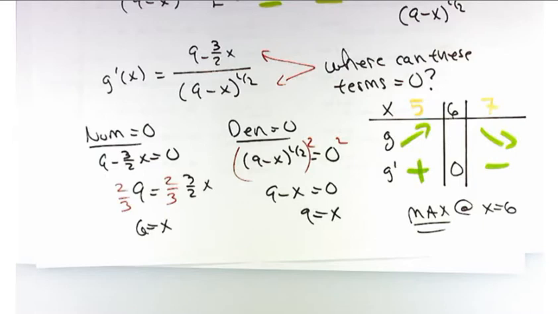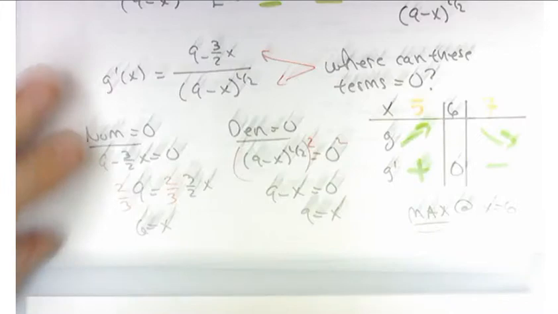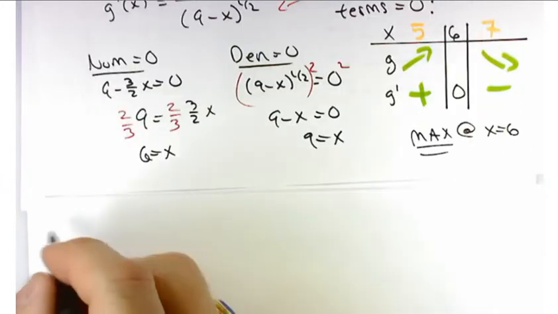Let's work with the second derivative then. And I don't want to spend all my time calculating derivatives here for you. So I'm just going to give you the second derivative. You'd have to use the quotient rule and play around a little bit. So let me just give you the second derivative.